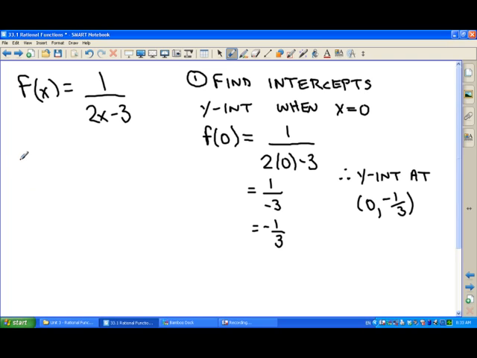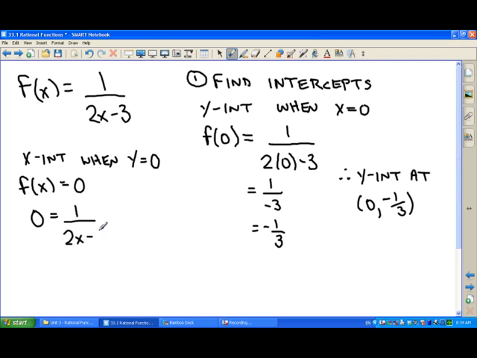Okay, we can do the same thing for the x-intercept. We get x-intercepts when the y value equals 0. So here we'll be evaluating for when the function f of x is equal to 0. So as we have the equation 0 equals 1 divided by 2x minus 3.